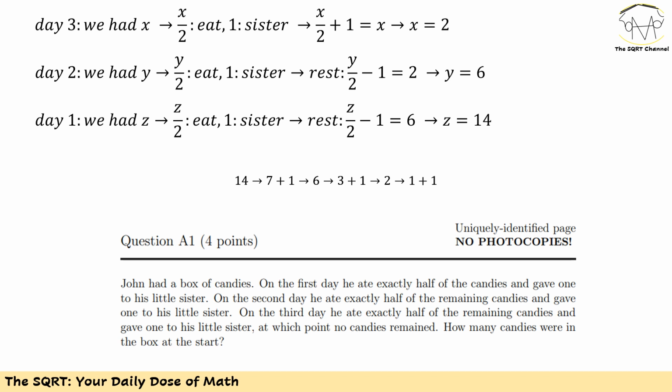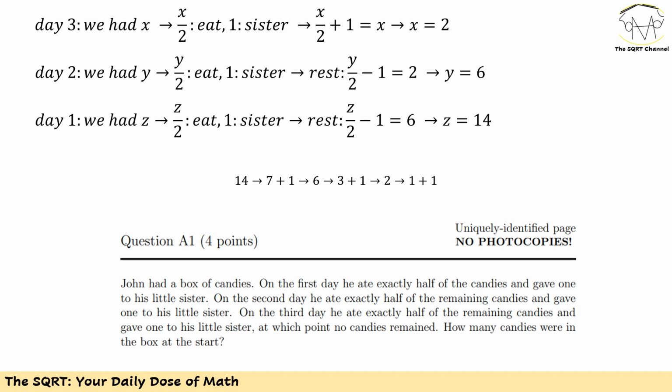So this time I'm going to say that Y over 2 minus 1 is going to be 2. Y over 2 is basically the number of candies that we are going to have after eating half of it, and then we have this minus 1 because we need to give 1 to the sister. Y over 2 minus 1 is 2, so Y is going to be 6.